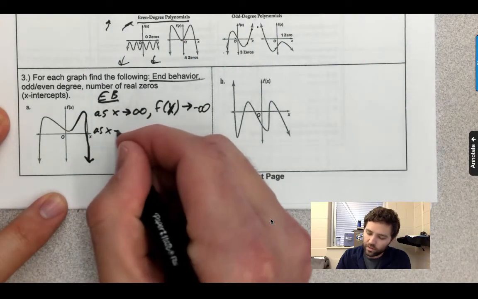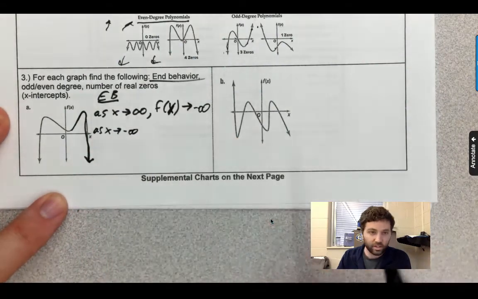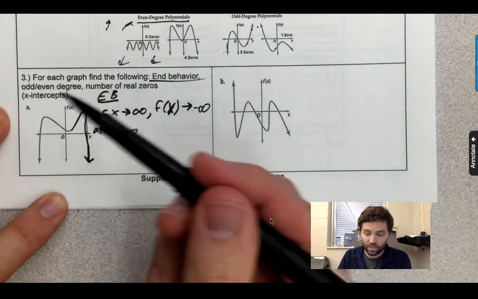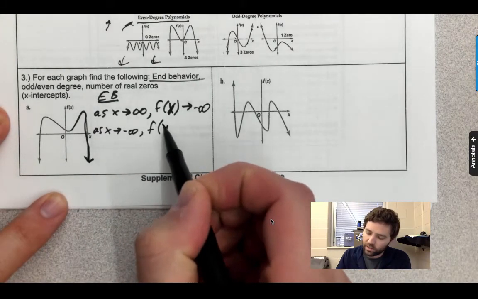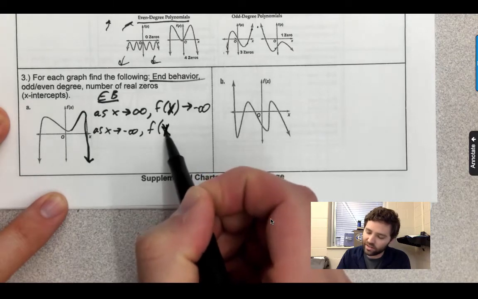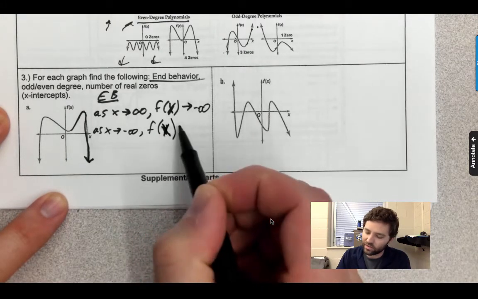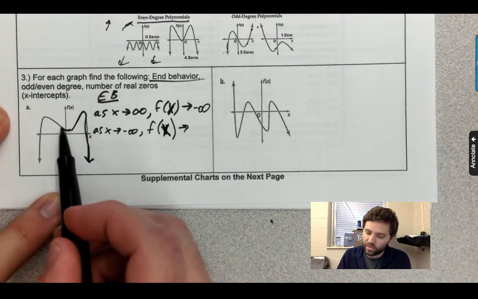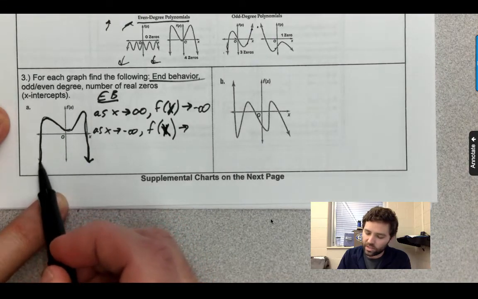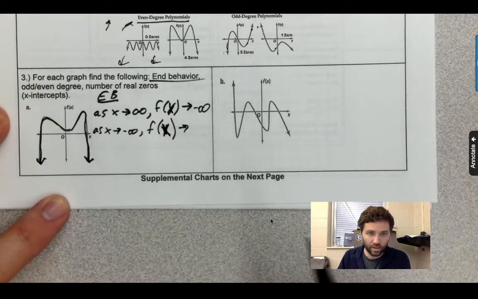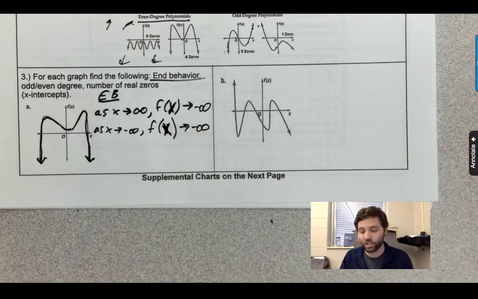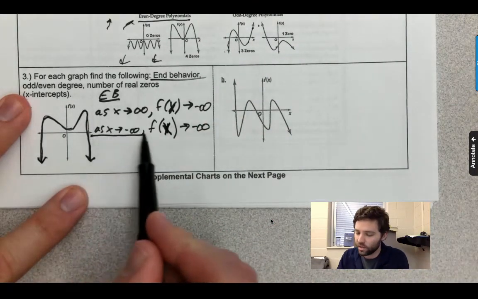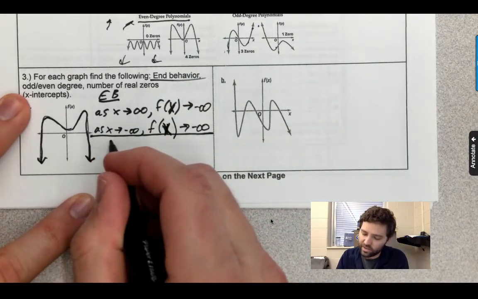As x goes in the opposite direction to negative infinity to the left, what is f of x doing? Sorry, that's really sloppy. As I move to the left, the function is going down. Okay, so it's going to negative infinity. Because they're going in the same direction, we can write that it is an even degree.